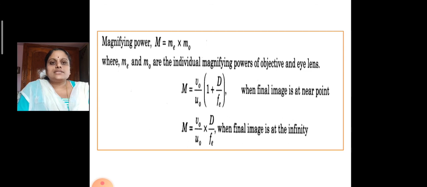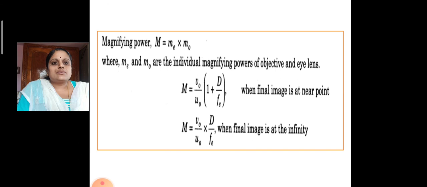We have already discussed that the magnifying power of the combination M will be equal to the product of the individual magnifications. That is, M equals ME into MO. Here, ME and MO are the individual magnifying powers of the eyepiece and the objective lens.